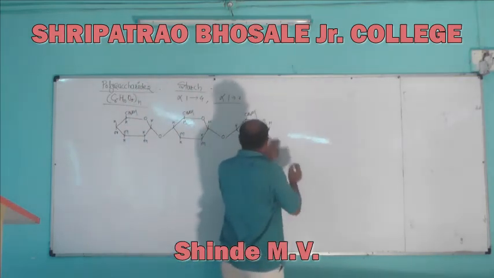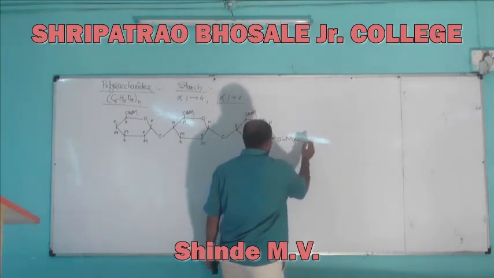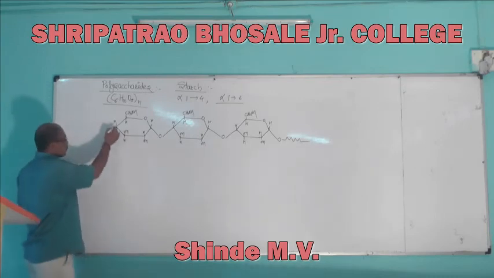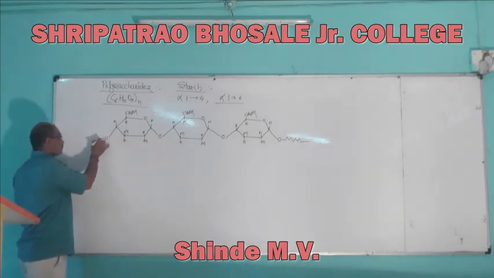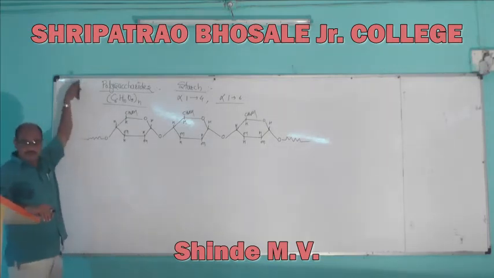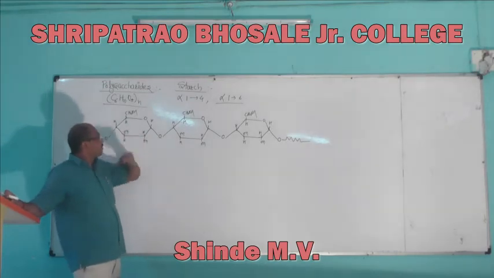This is the long chain compound amylose. This will be the structure of amylose, which has the glycosidic linkage between alpha 1 to 4.